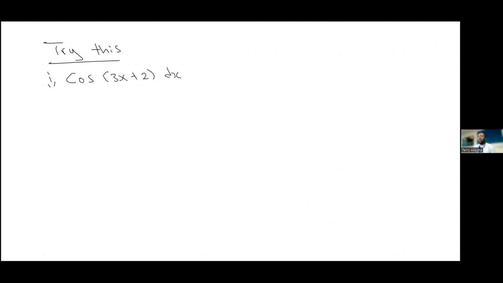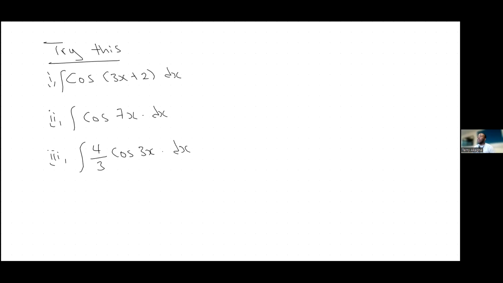Number 2, you're meant to integrate cos 7x with respect to dx. And number 3, you're meant to integrate 4/3 cos 3x with respect to dx. So try this and solve it, and let's see if you get the same thing.